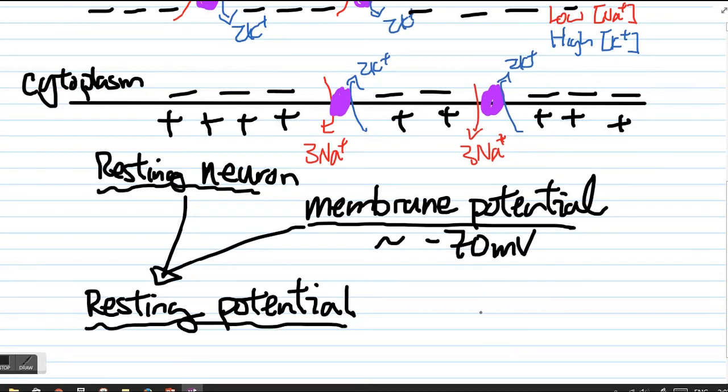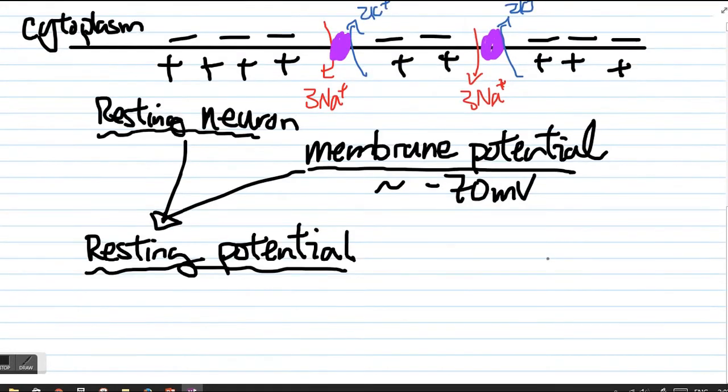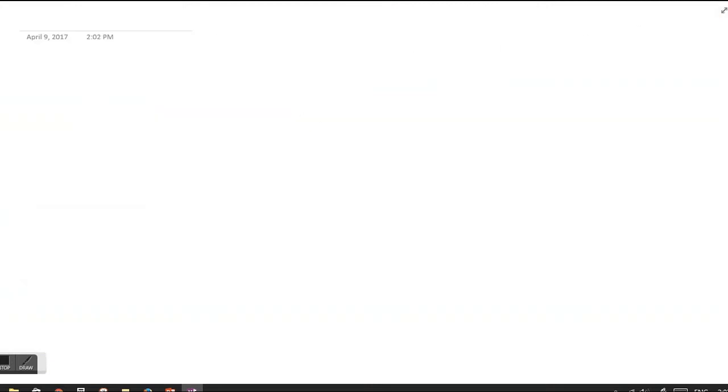Okay, resting potential. So if you are following along, and if you have paper, what I encourage you to do right now is to take out a blank piece, and we are going to draw a graph together. The graph is going to map out the change in membrane potential.